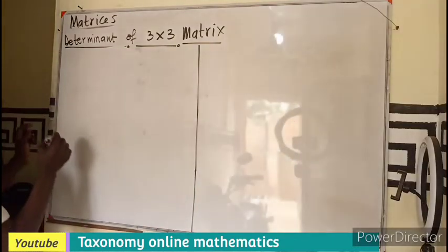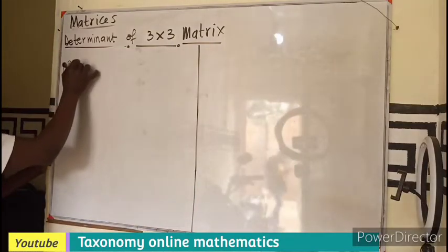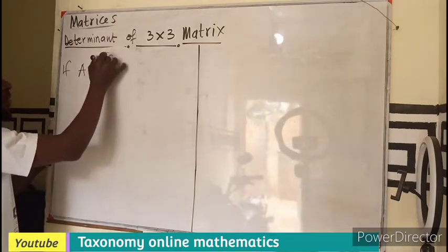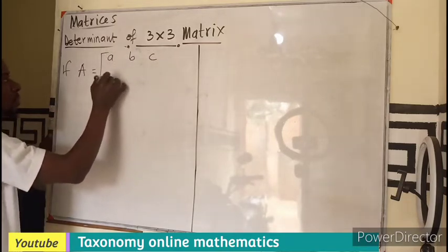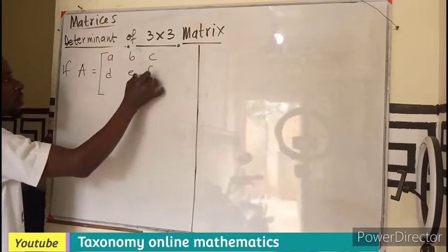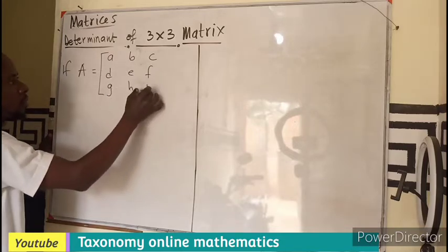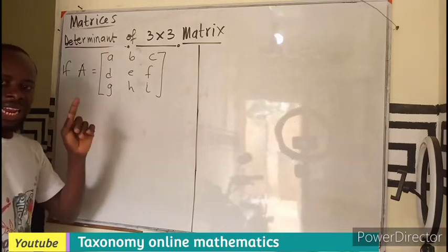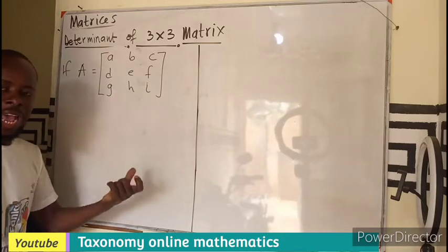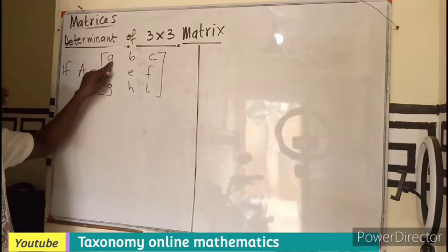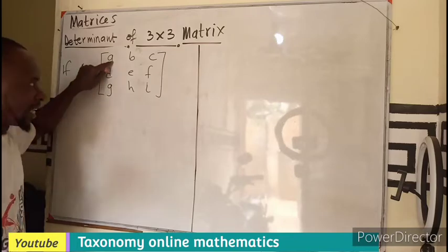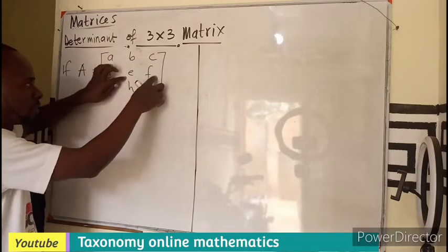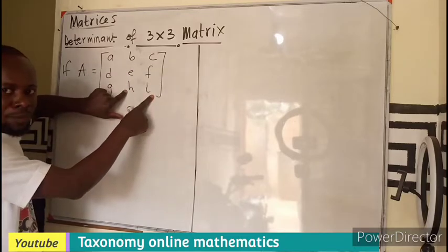So let's say you have matrix A, with elements A, B. If you delete an element with each row and column, if I delete the element A and its row and its column, I will be left with a 2 by 2 matrix.